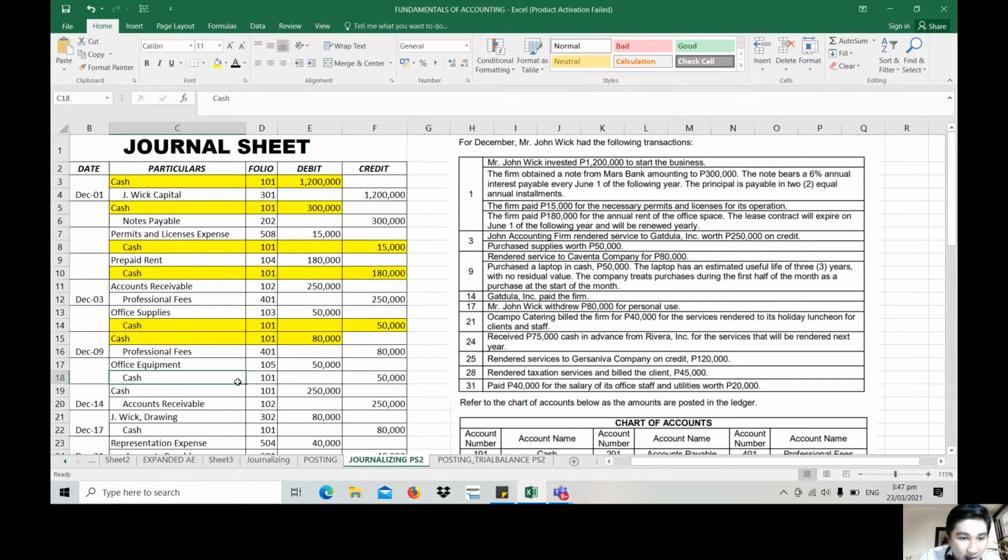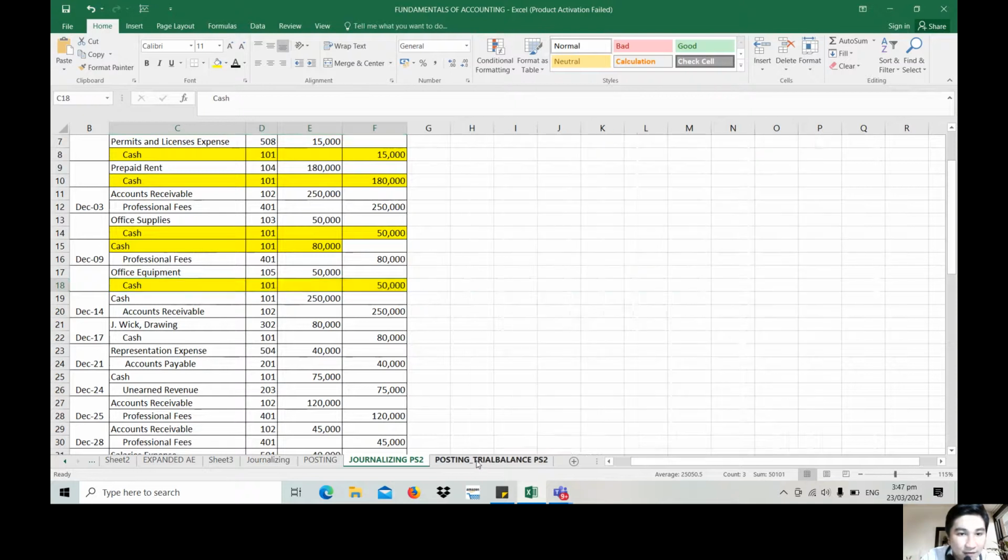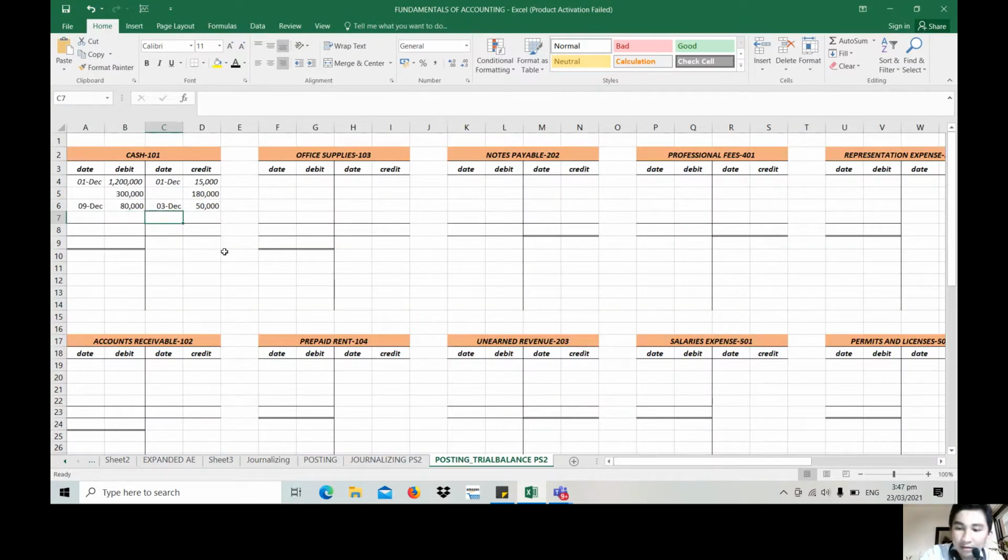Eto, credit cash. Okay, nagbayad tayo ng office equipment. Cash 50,000. Okay, credit December 9, 50,000. Yan. So medyo dadagdagan pala natin ito. Okay. So wait lang ha.